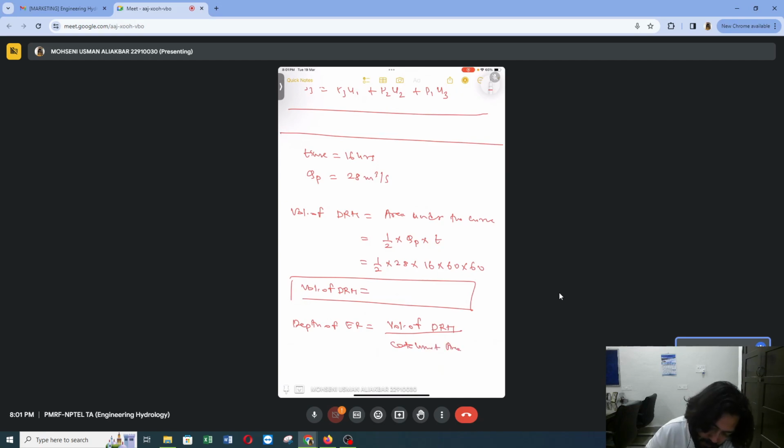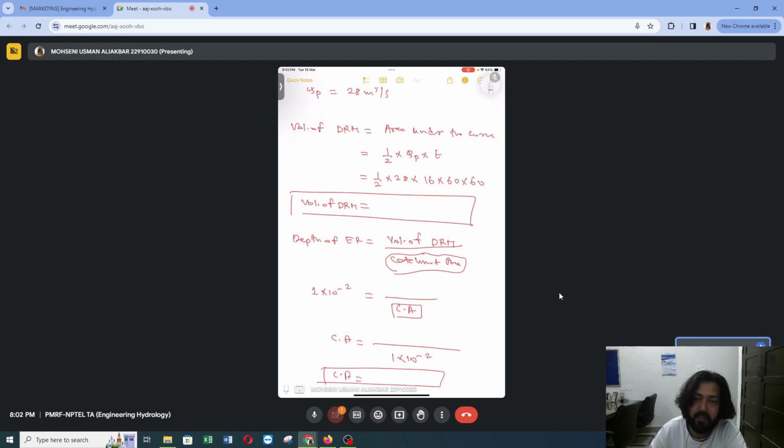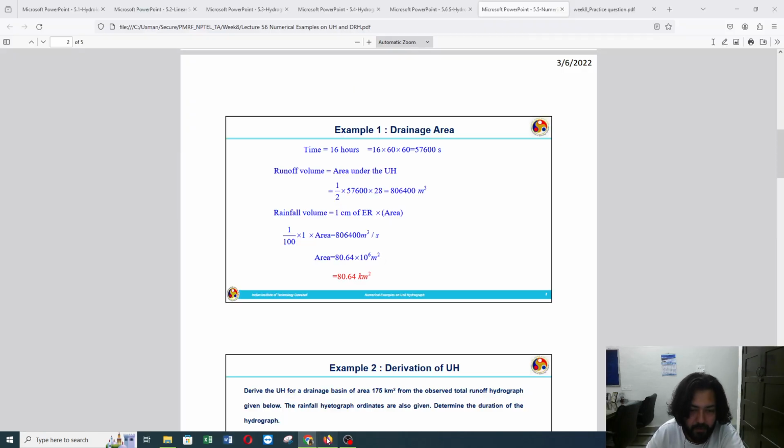In this problem they have asked us to calculate the catchment area, and the depth of ER for a unit hydrograph is 1 centimeter, that is 1 into 10 to the power of minus 2, and volume of DRH is known to us, so the only unknown term is the catchment area. So this is a very simple problem. We can see the solution also.